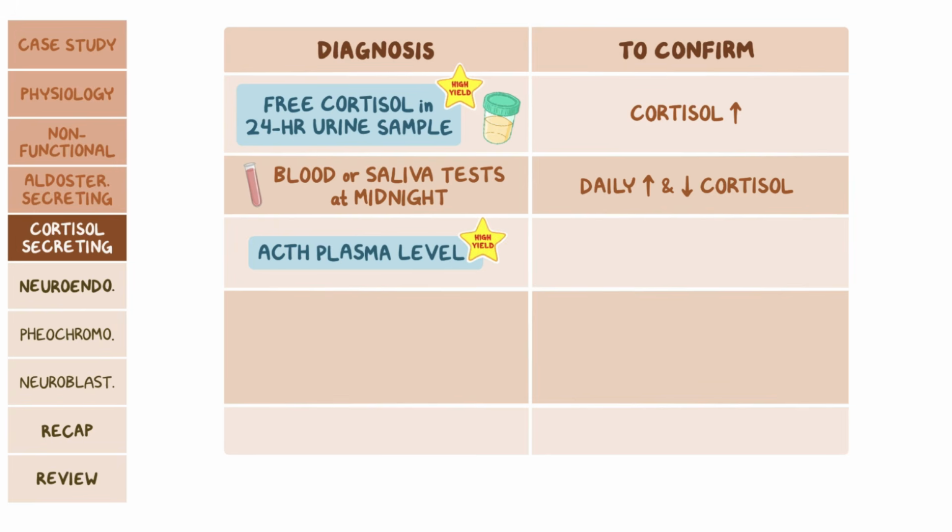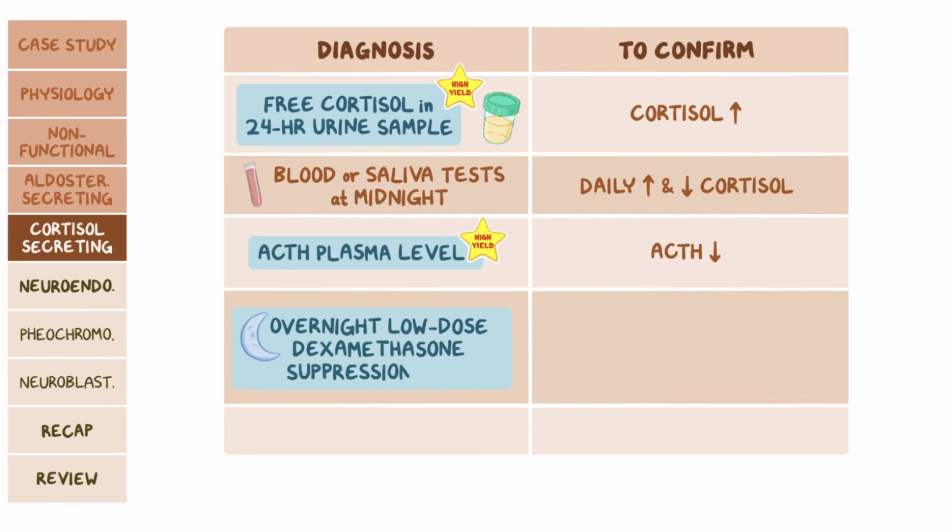In adrenal tumors, it's important to know that ACTH levels are usually low because high levels of cortisol inhibit the pituitary secretion of ACTH. The next step is the overnight low-dose dexamethasone suppression test, which is when a person is given a low dose of dexamethasone, which is an exogenous steroid that suppresses ACTH production in the pituitary gland.